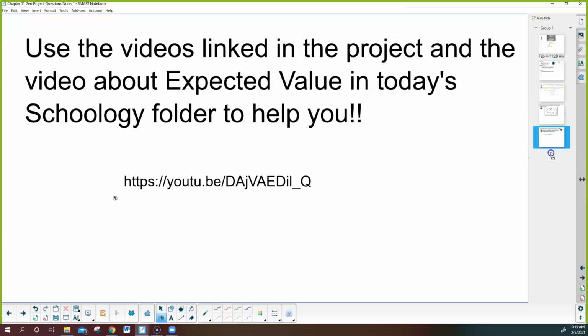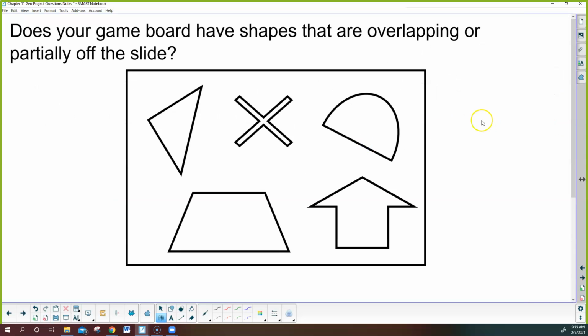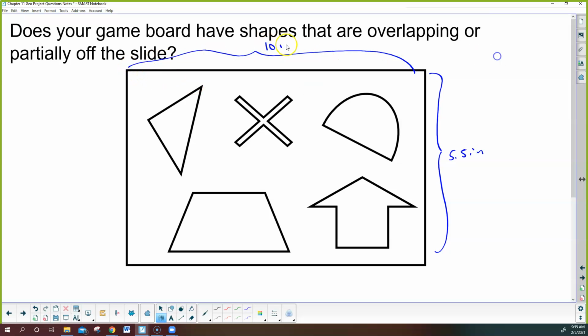Let's switch the order. One of the things I also noticed, I just glanced at a couple, and you have to be careful. Let's say that this is your board. What do you know? You know that this is 5.5 inches by 10 inches. So when you're calculating your probability, let's say I want the probability of the triangle.